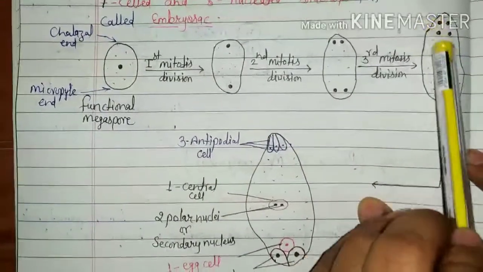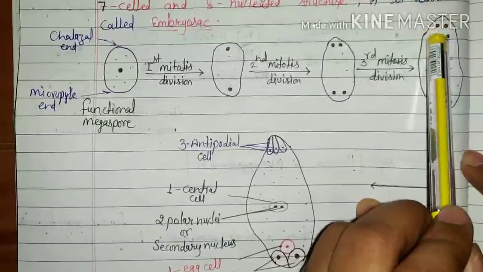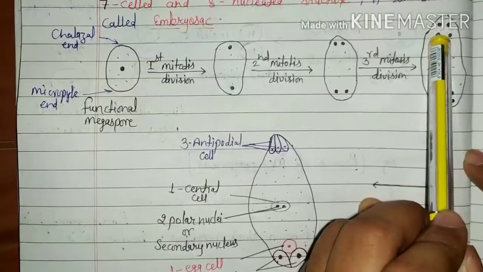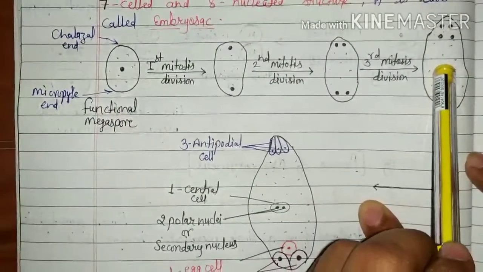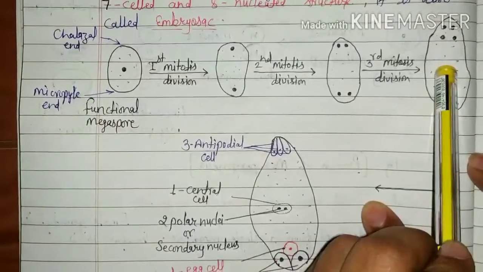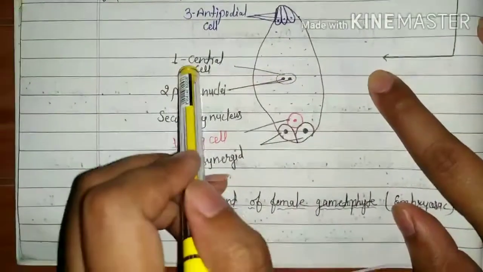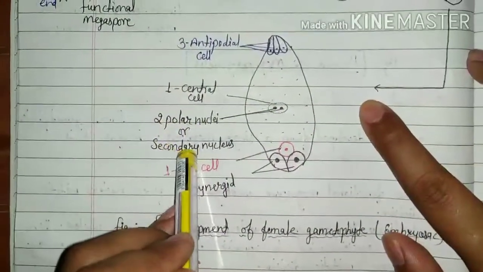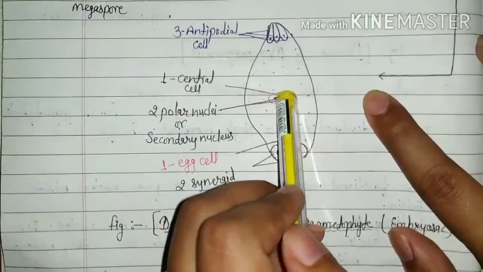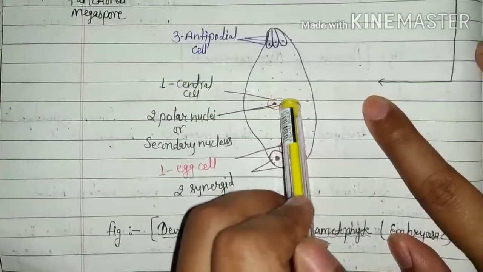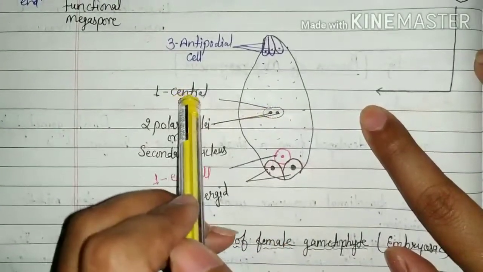In this, one nucleus from each pole, one from the chalazal end and one from the micropylar end, moves to the central part and fuses and forms the two polar nuclei or secondary nucleus. These two fused nuclei, surrounded by a cell membrane, represent a single cell called the central cell.